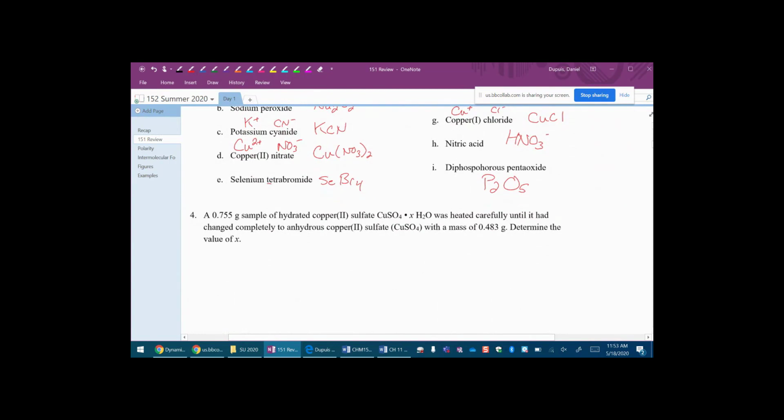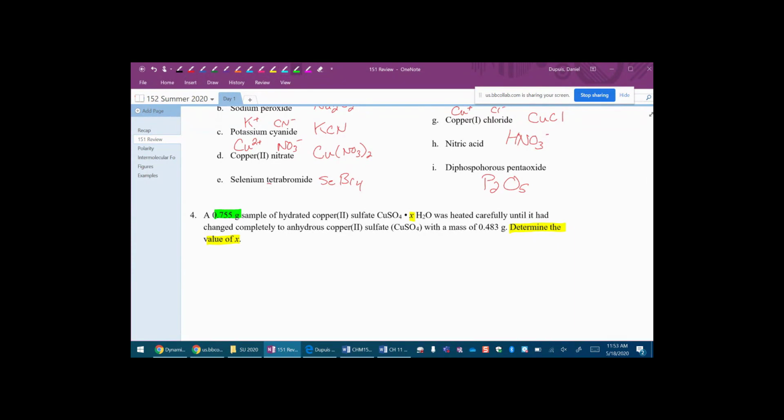Now we're getting into number 4, some chemistry here. So you have a 0.755 gram sample of hydrated copper 2 sulfate. All right, and it looks like we're looking for X here. And determine the value of X is the question. So I got that much copper 2 sulfate with an unknown hydrate.